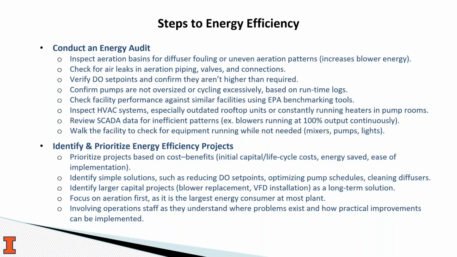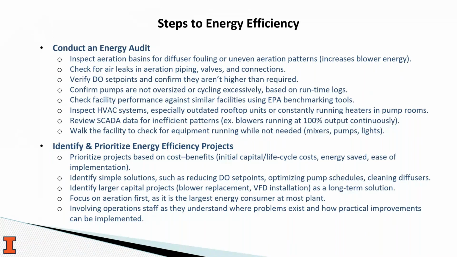You should also look into your SCADA data to spot any inefficient patterns. If your blowers are running at 100% output continuously, that's a sign that process optimization may be beneficial. Audits should also check operational parameters like dissolved oxygen set points to make sure they aren't unnecessarily high.